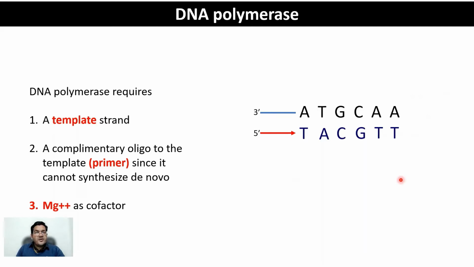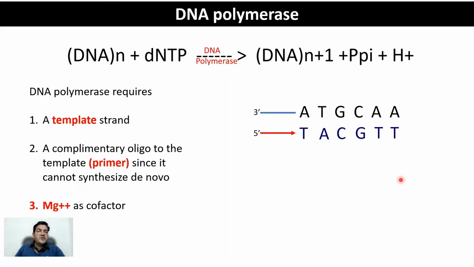So we could represent this reaction of addition of single nucleotides with this equation here. Here, DNA sub N is the primer sequence. You're giving your dNTPs, or deoxynucleotide triphosphates, to the reaction in the presence of DNA polymerase.